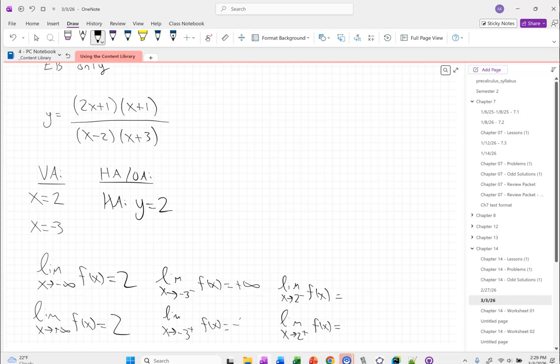Negative. Yes. Okay? Now I'll pick a value on the left side of 2, so like 1.9. Positive, positive, negative, positive. 1 negative is negative. Right? An odd number of negatives is negative. An even number of negatives is positive.